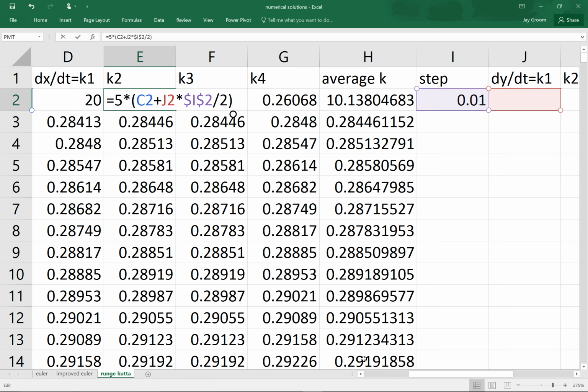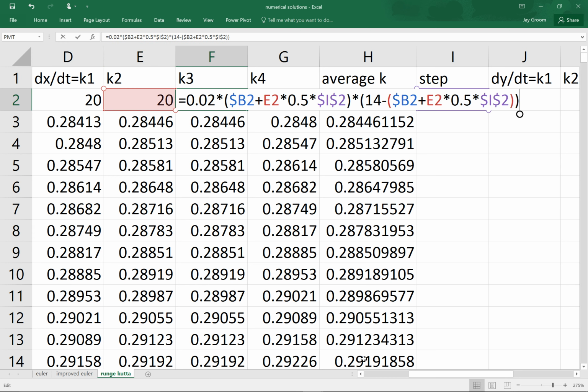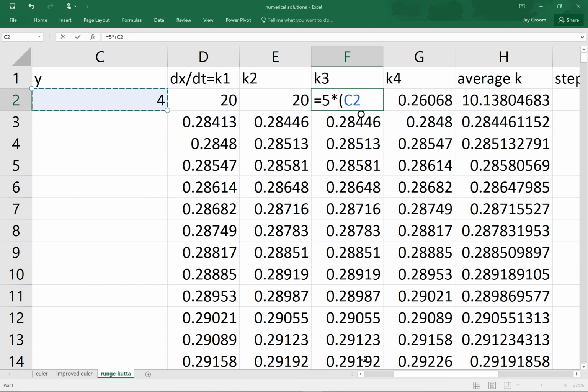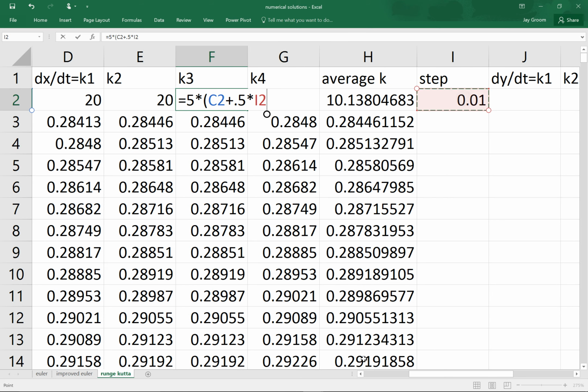This one is based on K1 for the y values, though. So okay. The next one is going to be based on, well, let's get rid of all this mess because that's gross. So it's going to be equal to 5 times, parentheses, the original y, which is here, plus half of the step, so 0.5 times that guy, times the second slope.